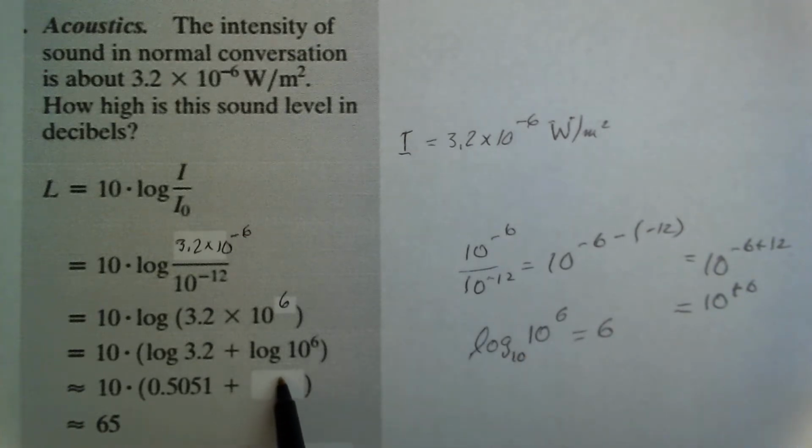So 6 plus 0.5051 equals 6.5051, times 10. So that's approximately equal to 65 decibels. So the sound level is about 65 decibels.